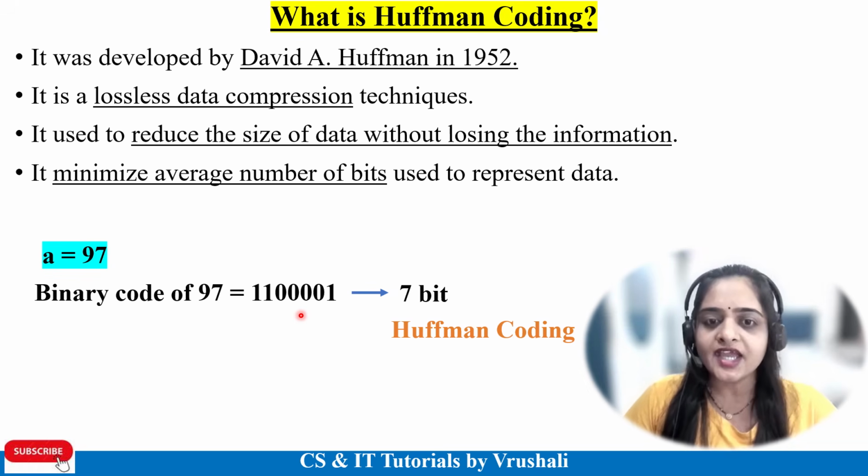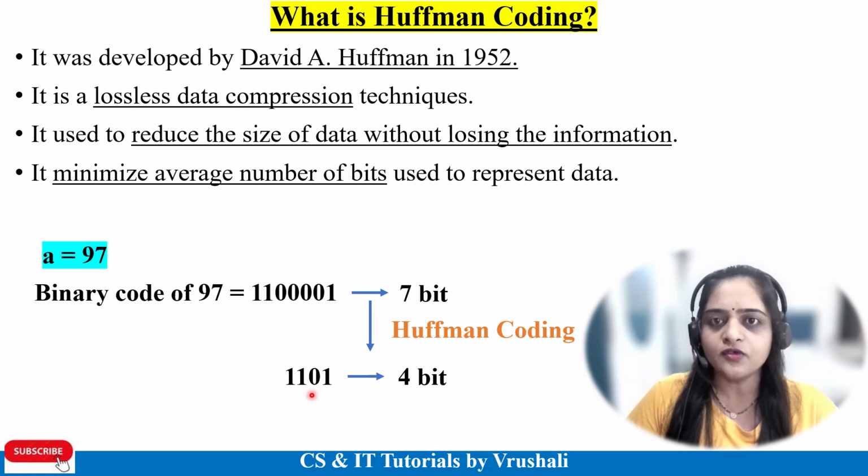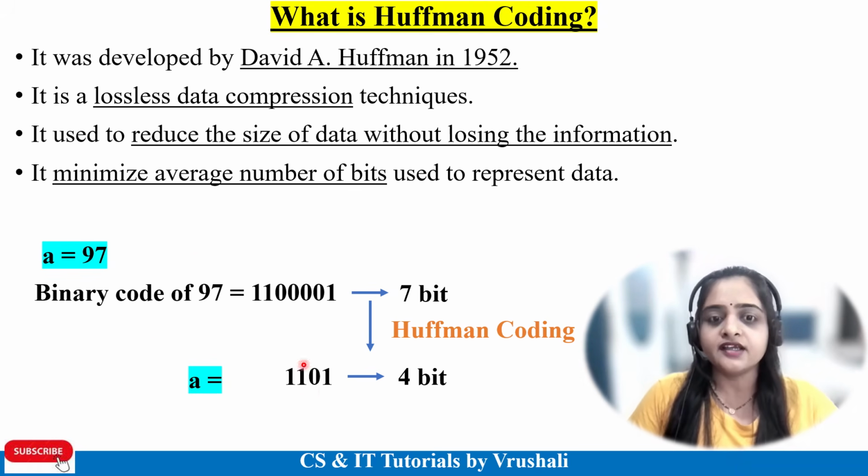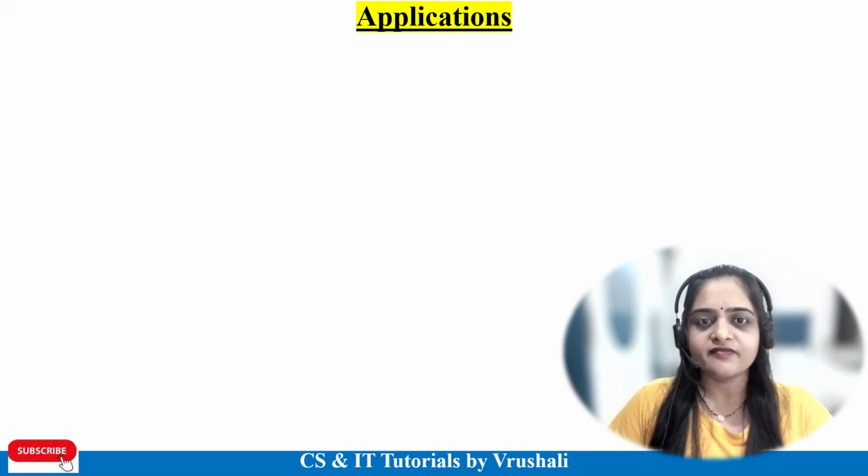But when you apply Huffman coding on this character, it compresses this data into, suppose, 4 bits, like 1101. But at that time, it keeps the information, the characters, as it is. So this is called Huffman coding. It reduces the size of data but doesn't lose the information. It keeps the information data as it is.